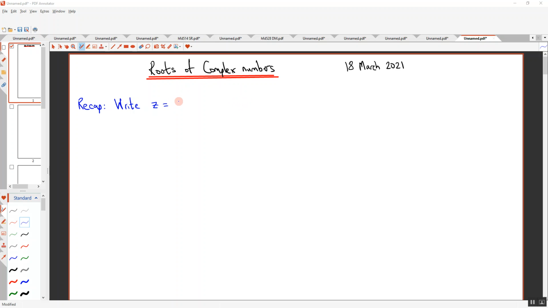Okay, so let's write the complex number 1 plus root 3 I in the polar form and Euler form.